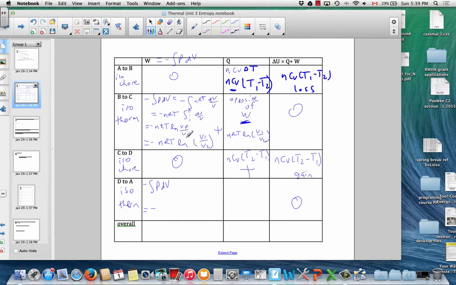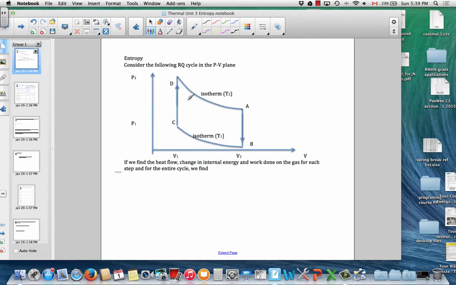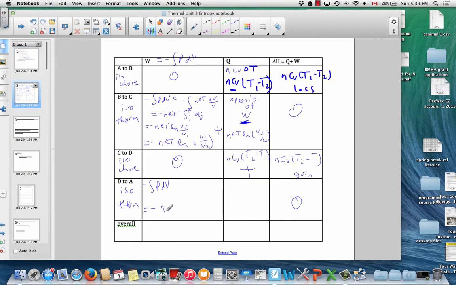The only change here, of course, is that from D to A, the final volume is V2, and the initial is V1. So our expression ends up as negative nRT ln of V2 over V1. Once again, the heat is the opposite of the work.